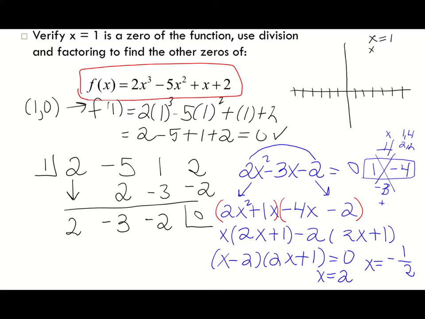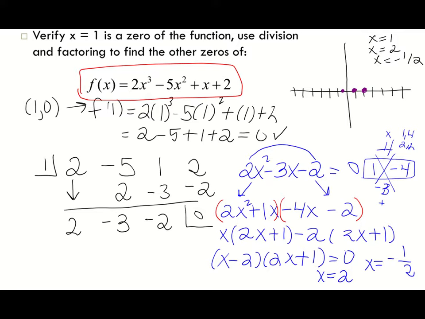Then I found x equals 2 and x equals negative 1/2. So I can go ahead and graph that, or at least plot those points. When I plot those points, I have 1, 2, and negative 1/2. It's a positive function, so I know I'm going to start down and positive.